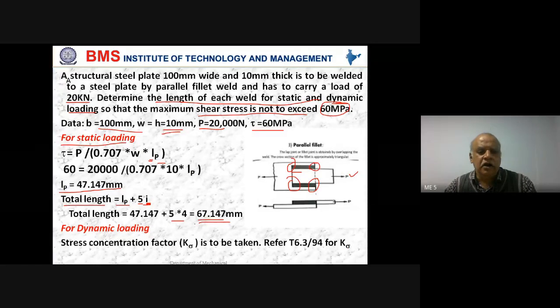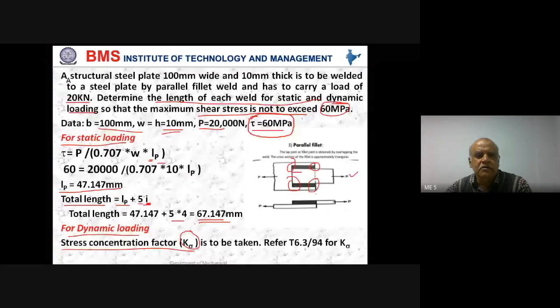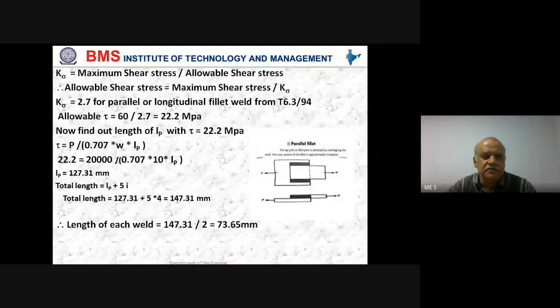Okay. So now let us go to the dynamic loading case. When you have a dynamic loading or fatigue loading case, we need to find out the stress concentration factor. The stress concentration factor will reduce the allowable shear stress that is permitted. When you take the stress concentration factor, by definition, it is maximum shear stress by allowable shear stress.